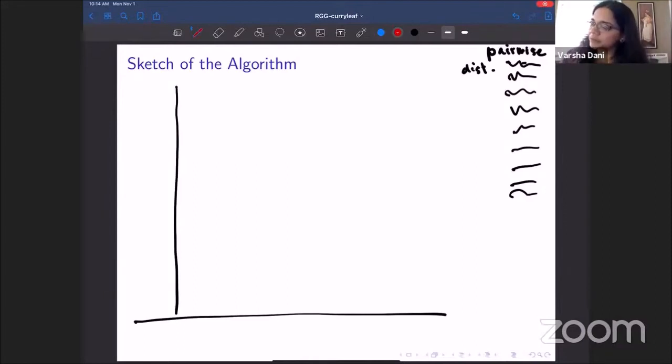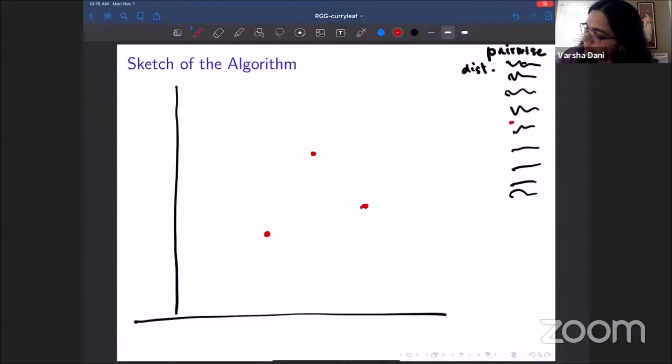So I pick these 3 points and I simply put them down wherever I want, at the right distances, of course.